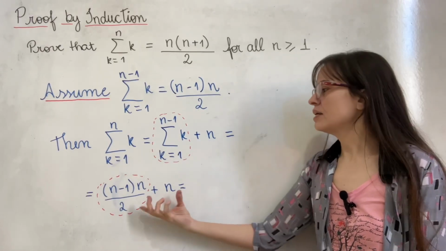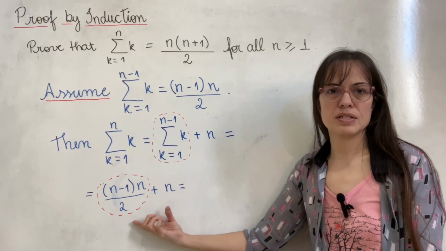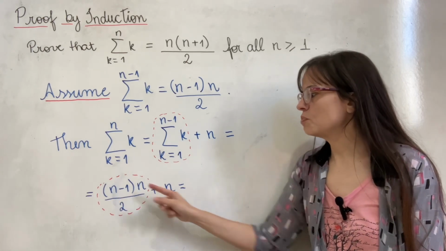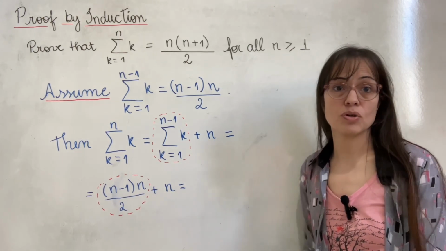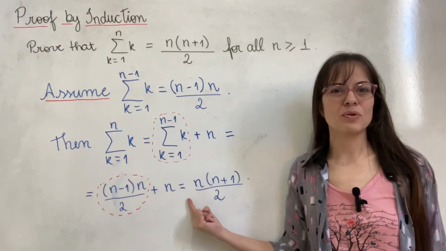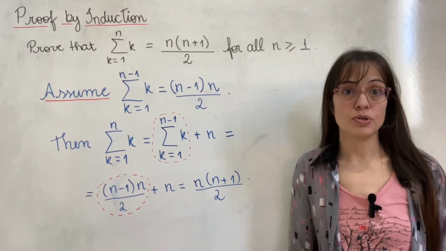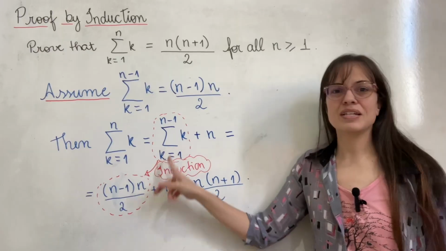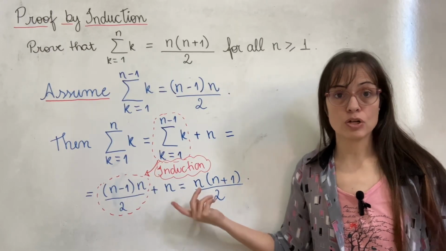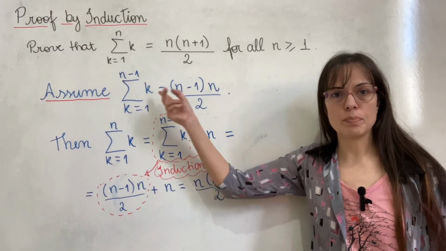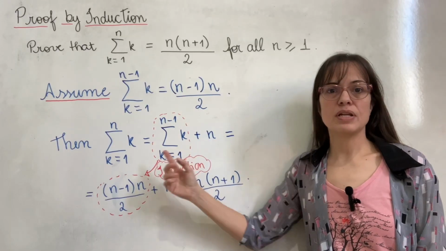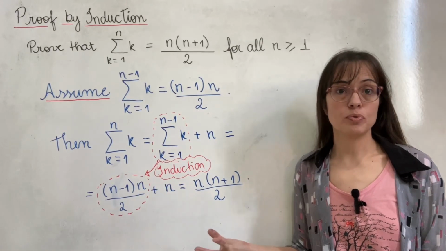And now when I get here, it's the same steps that I did on the other one. I'm going to distribute, add the fractions, and factor out the n again. I didn't write down all of those steps here, but you definitely should. So if you want to point out, this is the step where induction was actually used. We took the induction hypothesis and we used it as one of the steps in our proof here.